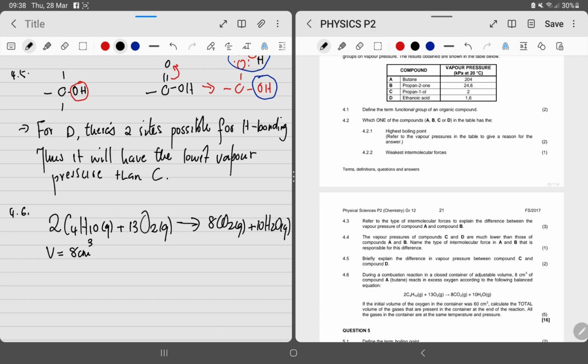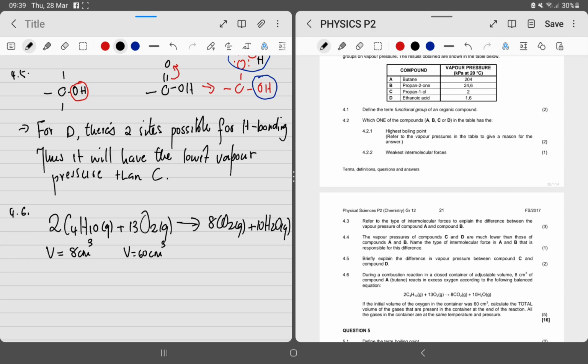We are told that the volume for the alkane is 8 cubic centimeters. If the initial volume of the oxygen in the container was 60 cubic centimeters, calculate the total volume of the gases that are present in the container at the end of the reaction. All the gases in the container are at the same temperature and pressure.